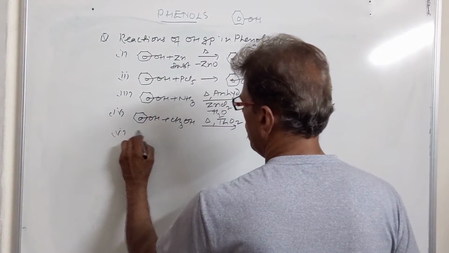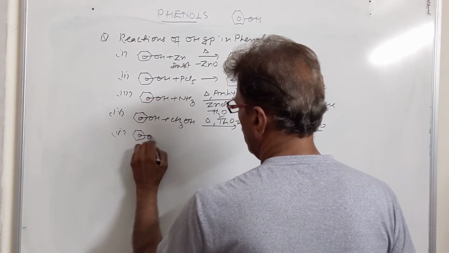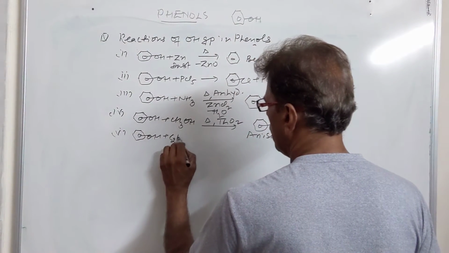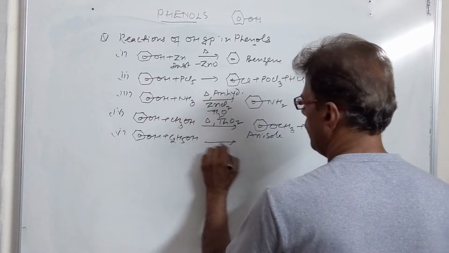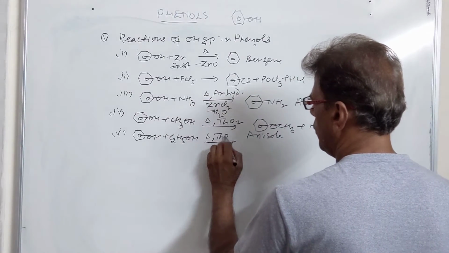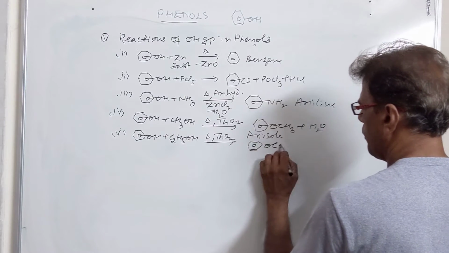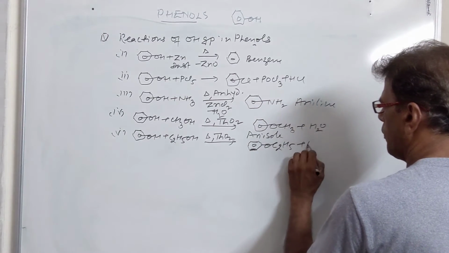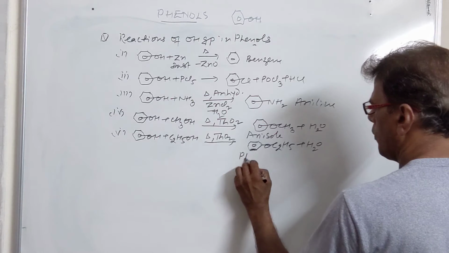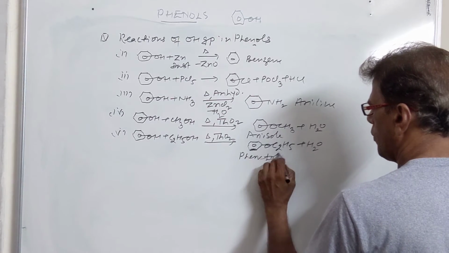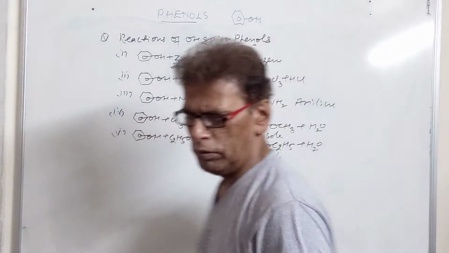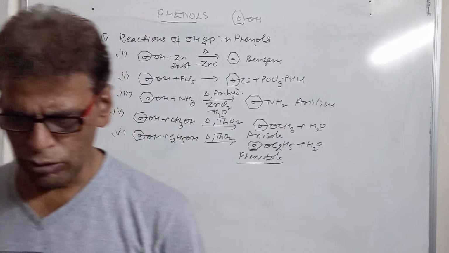Then it is treated with ethyl alcohol. It will give you phenetole. So these are the reactions of OH group.